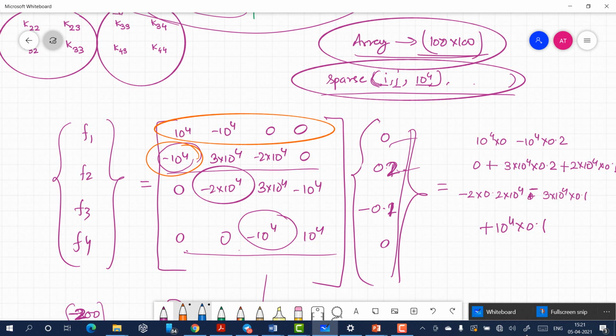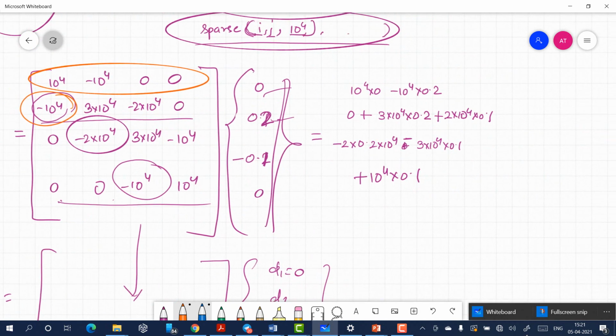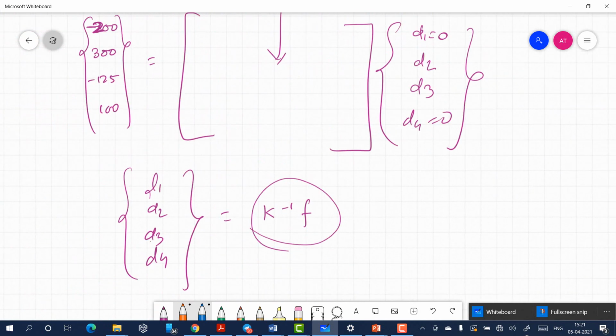So you multiply this by 1, then add it, and this number will become 0. Now find what will happen to this one. You are just adding it, so that means you have to subtract 10 to the power 4. So this will become, so let me take this matrix here.